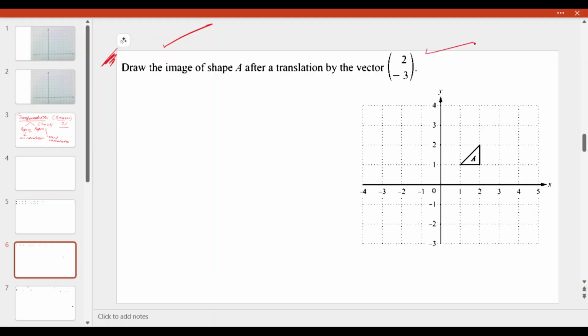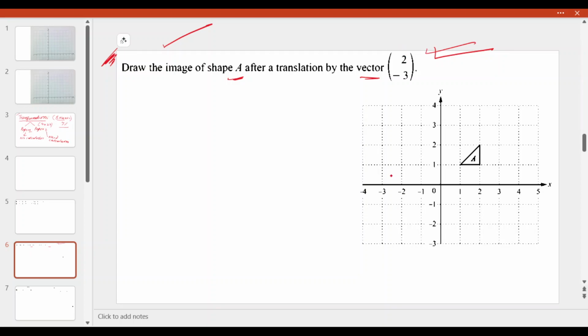In my earlier videos I have given very important lessons on the topic of vector, so you can watch them if you have any confusion regarding this topic of vector. So the question is to translate the shape A by vector 2 minus 3 in column form.